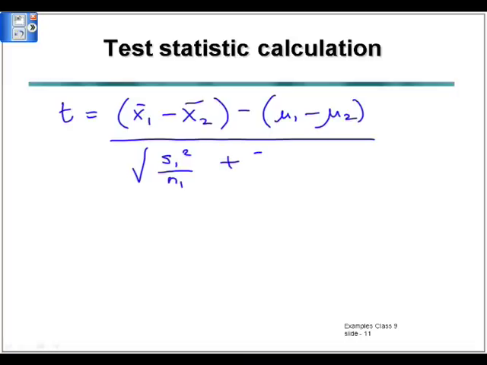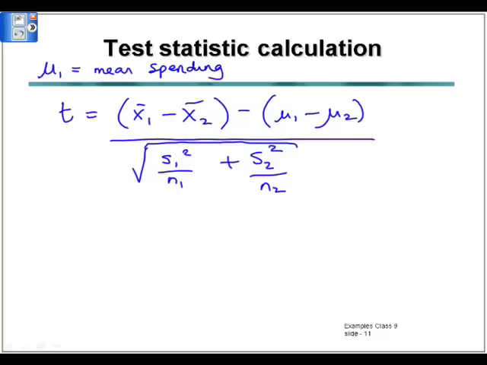So before we start to do our calculation, we should define our mean values. So we're going to use mean 1 to be the mean spending for urban schools, and we'll have mean 2 to be the mean spending for rural schools.